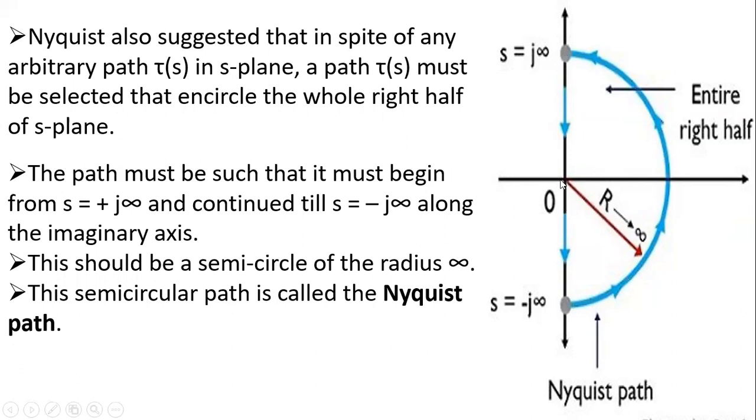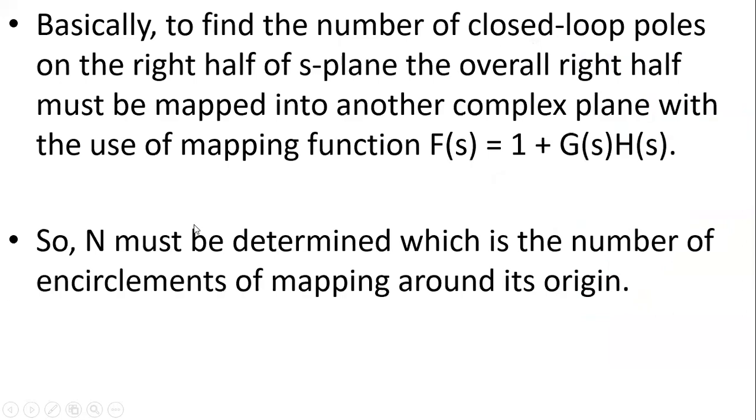Or some authors suggest that it starts from 0 minus up on the imaginary axis, then it is covering the right half side, then it is again coming to the positive imaginary axis. So this should be a semicircle of radius infinity. So this semicircular path is called the Nyquist path. That is exactly what we understand.